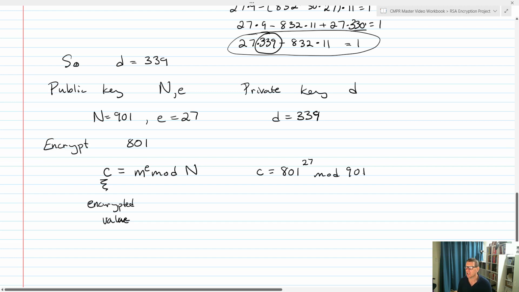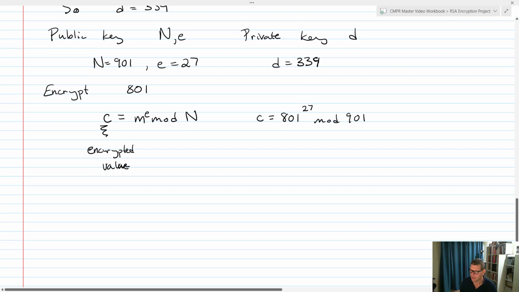So my goal here is to go through and do that encryption, to figure out what C is. How I'm going to do that is I'm going to utilize fast exponentiation. So I'm going to start out with figuring out what 27 is in binary. So 27 is going to end up equaling, I've got 1 16, 1 8, no 4s, 16 plus 8 is 24, 1 2, and 1 1. So it's 1, 1, 0, 1, 1. And that's what 27 is.